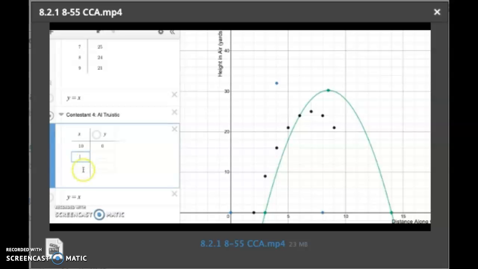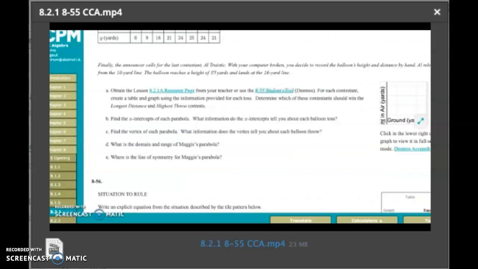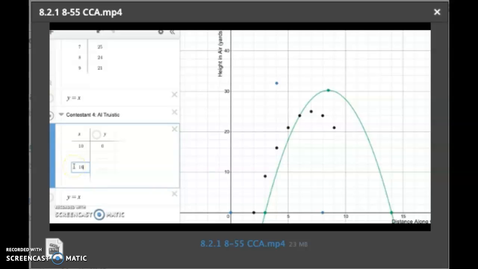Nope, and we need to know where that's at, so we're going to come back to that one. But we know it ends at 16 yards. Okay. I'm going to just plot those 2 points for now, so I can see these orange dots here. We know his balloon started there and it ended there. And we know the highest point was 27 yards. So I'm going to put that on my table.